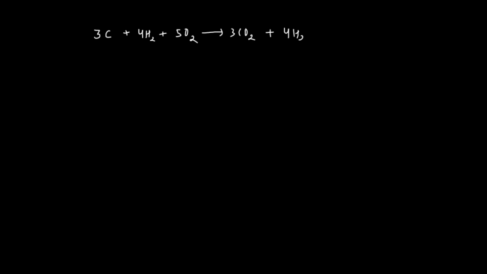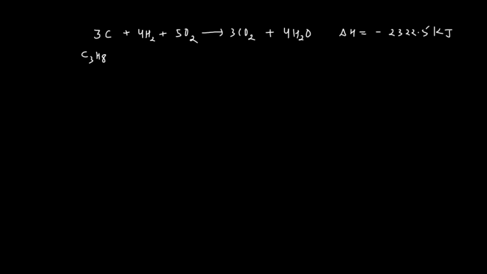Okay, and the value was delta H equals negative 2322.5 kilojoule, right? This was the value.